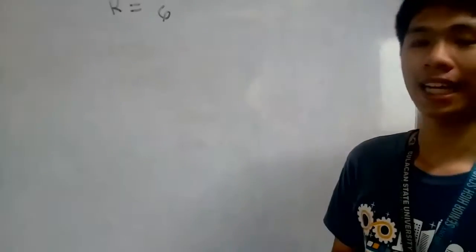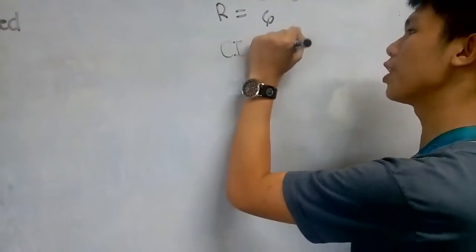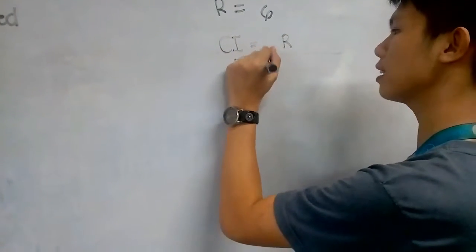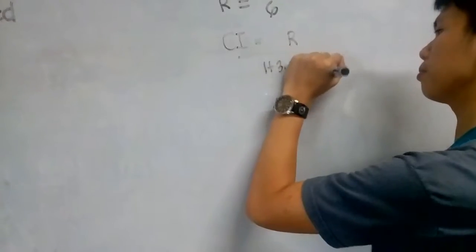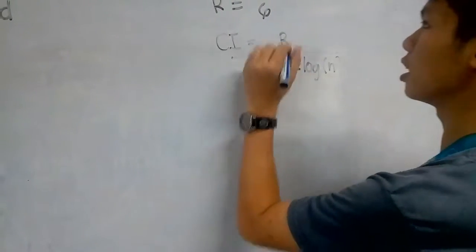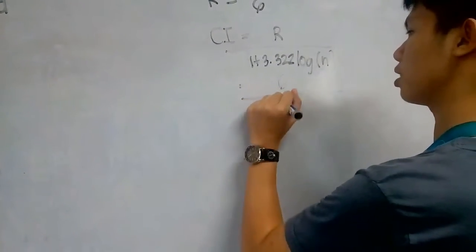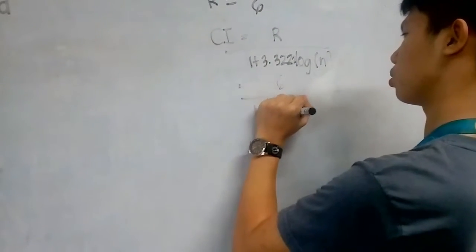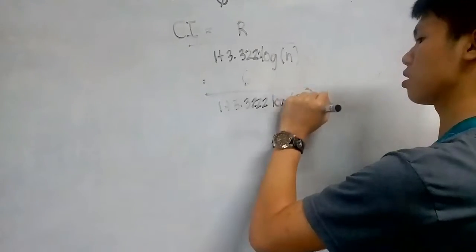We'll compute for the class interval. The formula for class interval is equal to range over the constant 1 plus 3.3 logarithm of n, where n is the number of samples. So substituting, the range is 6, over 1 plus 3.3 logarithm of 37.